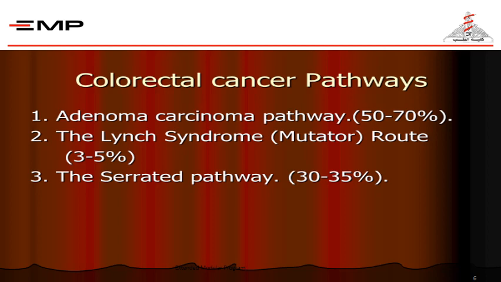It is responsible for about 50 to 70% of cases of carcinoma of the colon, while the Lynch syndrome mutation route is responsible for only 5% of the cases. It is carcinoma on flat mucosa. The newly discovered serrated pathway is responsible for 30 to 35% of cases.